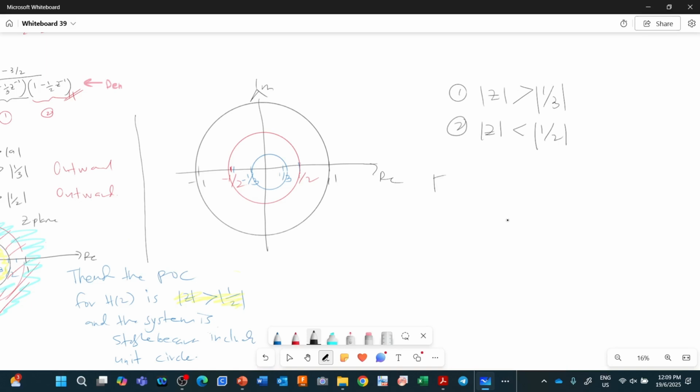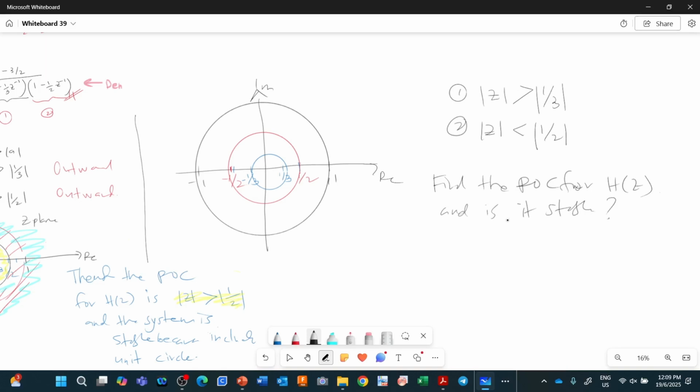So find the ROC for Z, if given these two ROC. And is it stable?